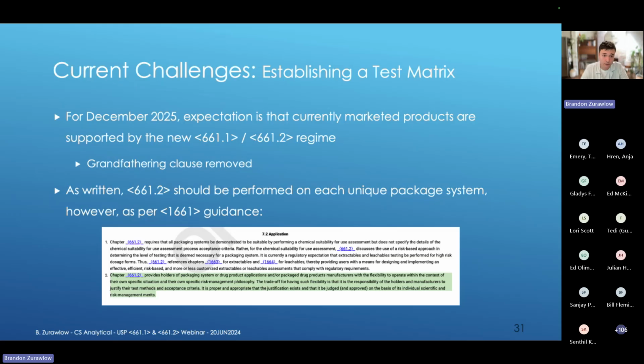The trade-off for having such flexibility is that it is the responsibility of such holders to justify the methods and acceptance criteria that they use. And it is proper and appropriate that the justification exists on the basis of scientific and risk management merits. In other words, 661.2 and 661.1 allow for some of that flexibility in risk management.